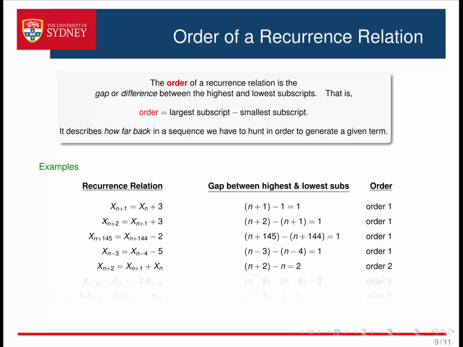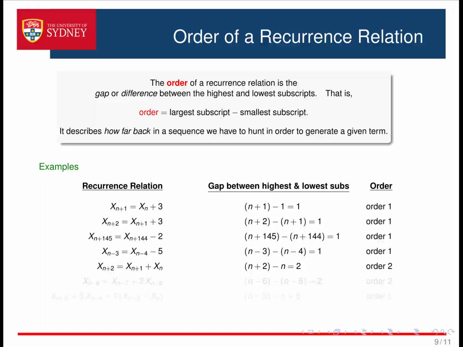For this example, the largest subscript is n plus 2, the smallest subscript is n, thus the order is n plus 2 minus n, which is 2. Thus this recurrence relation is order 2 or second order. For this example, we not only use the previous term to calculate the current term, but also the term before that too.